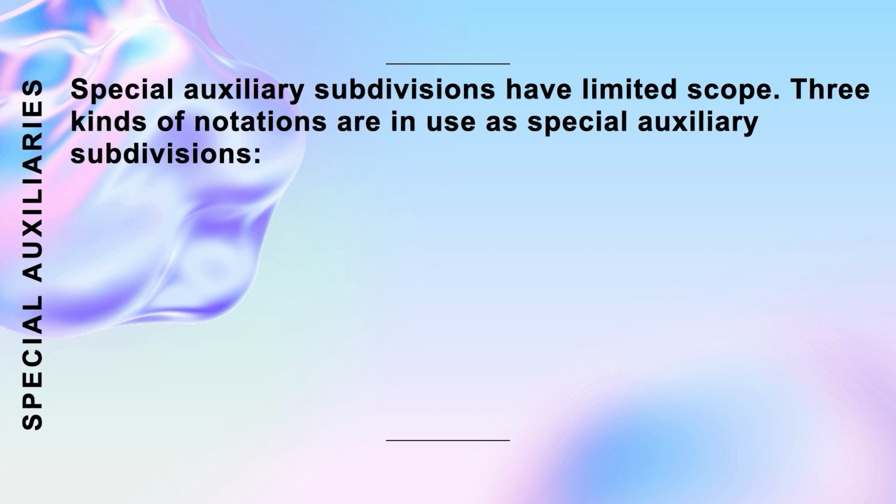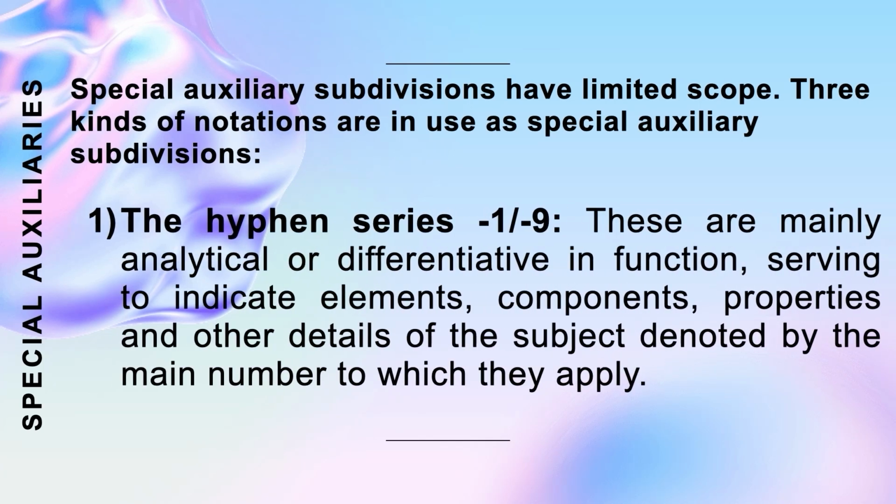So there are three kinds of notation in use as special auxiliary. So the first one is the hyphen series, that is hyphen 1 to hyphen 9. Okay, these are mainly analytical or differentiative in function, serving to indicate elements, components, properties, purpose and other details of the subject denoted by the main number to which they apply.